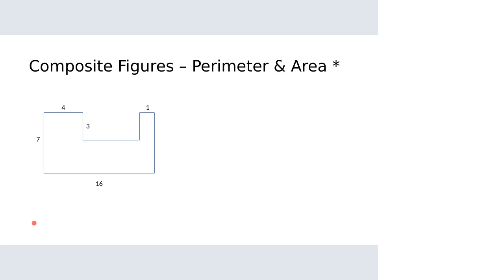And this one takes a little more time than the others. We've got to find those missing sides, then we've got to find the perimeter, then we've got to figure out how we're going to cut this up. And then after we've cut it up, figure out what the area of the entire figure will be.